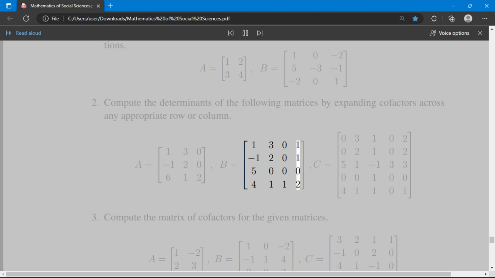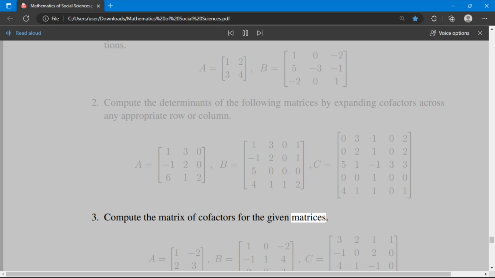B equals 1 3 0 1, 1 2 0 1, 5 0 0 0, 4 1 1 2. C equals 0 3 1 0 2, 0 2 1 0 2, 5 1 1 3 3, 0 0 1 0 0, 4 1 1 0 1.